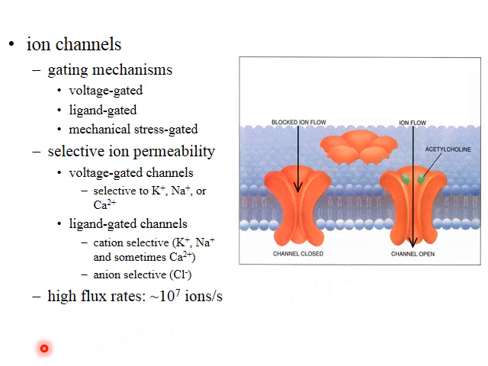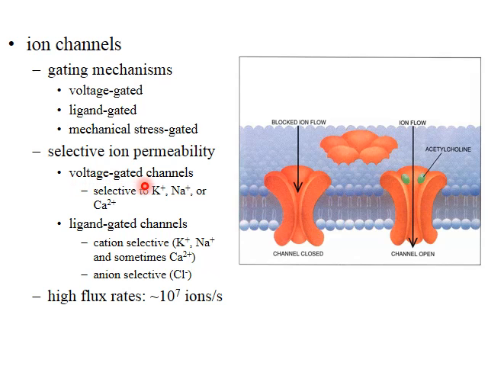A second way of classifying channels is by their ion selectivity properties. When a channel pore opens, this allows ions to flow across the channel pore, but only certain types of ions are allowed to flow because of a selectivity filter within the channel pore.